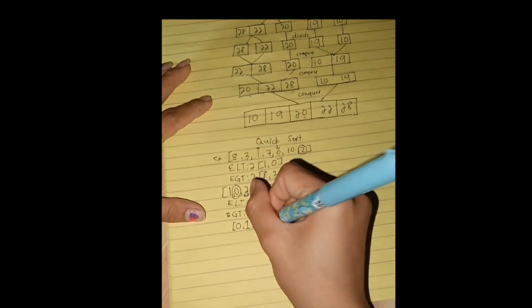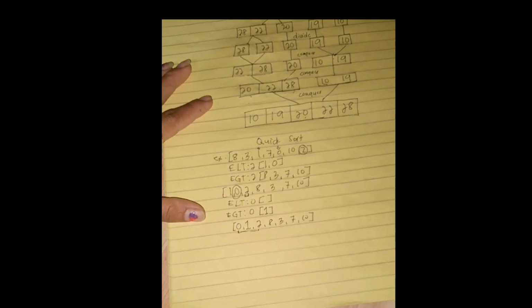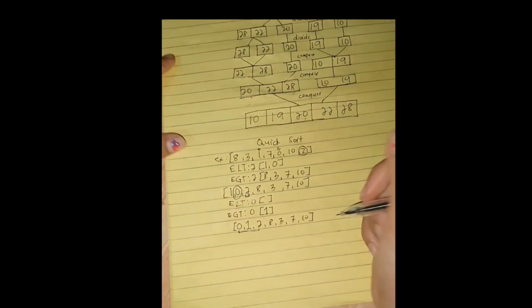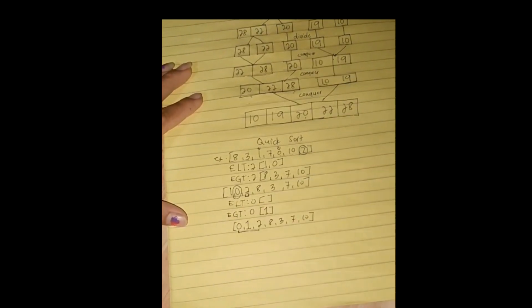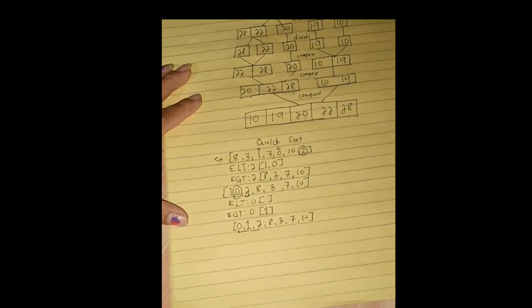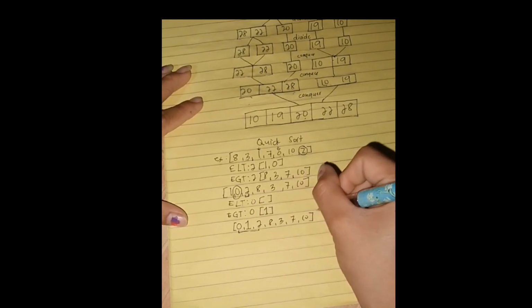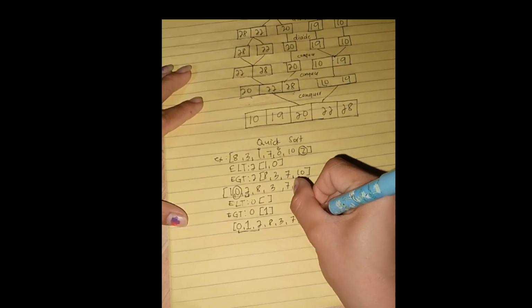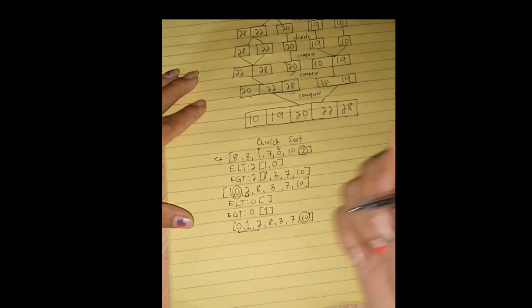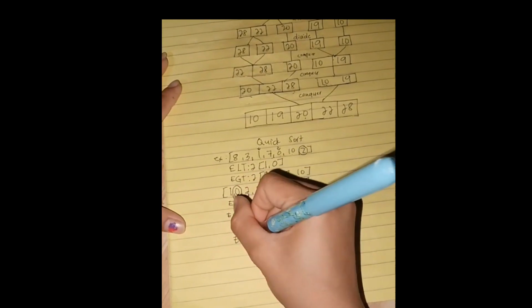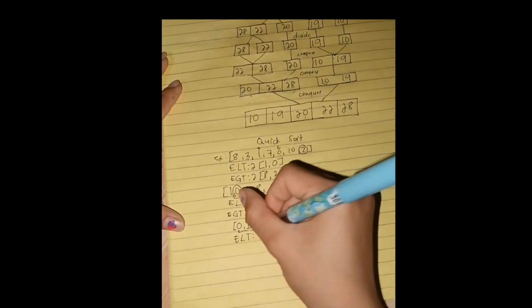Dahil nasa tamang lalagyan na si 2 at si 0, maghahanap naman tayo ng pivot. At paghanap natin ng pivot, dito tayo maghahanap sa right side. Dahil ang last natin number is we have a 10. Dahil si 10 ang ating pivot, hanapin naman natin ang element na less than kay 10.